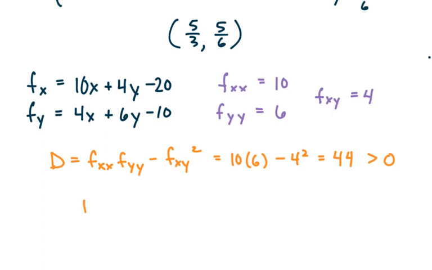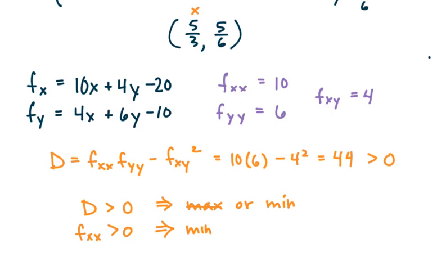So recall, if D is greater than 0, then we know we're going to have a max or a min. And if fxx, in this case it is 10, is greater than 0, that implies that it's a minimum. So the function is minimized at this x and y value. Of course, we need z.